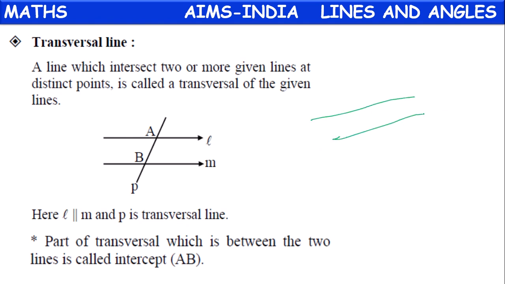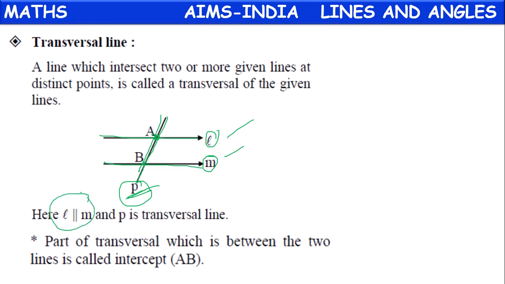So two lines or more lines, if it cuts them at more points, then it is called a transversal. So here L and M are the lines, P is the transversal, and A, B are the different points at which this transversal intersected the given two lines.